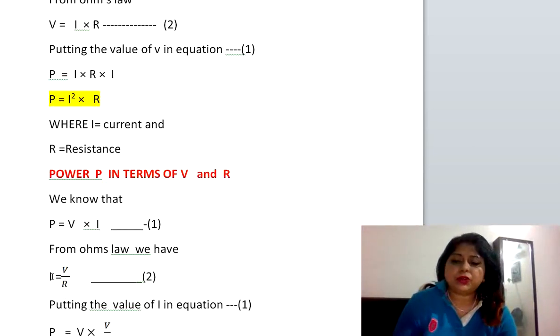Now put the value of I for current in equation 1.